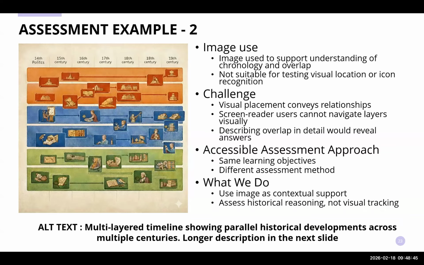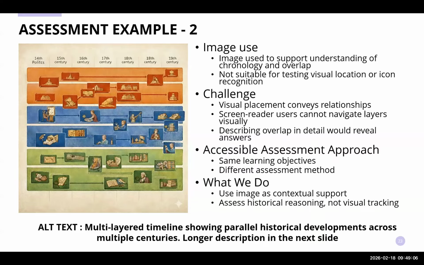Now, if you notice, the alternative text here is just a high level summary: multi layered timeline showing historical developments across multiple centuries. It tells them what the tool is without revealing the specific connections that they need to reason through.